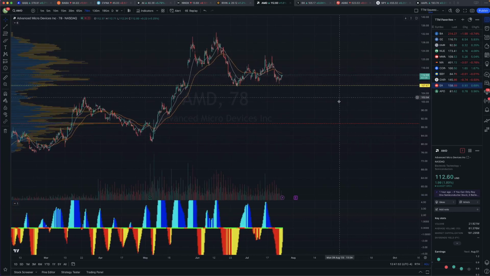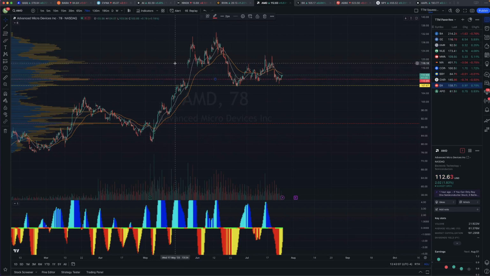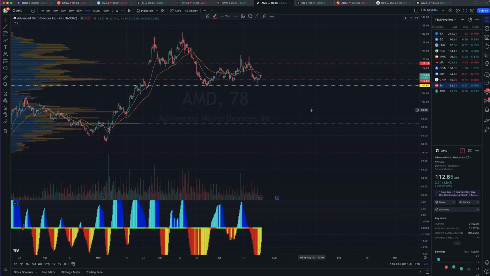Got a nice support level at 107.67. Got an intermediary point of control there at 110.56. Got another one up here at 118.18.